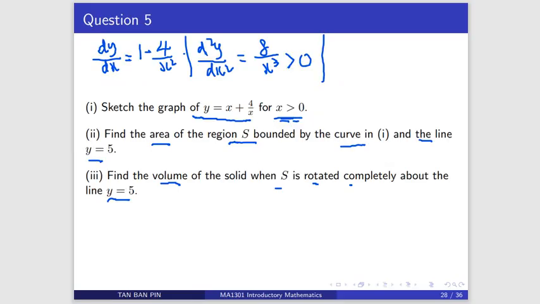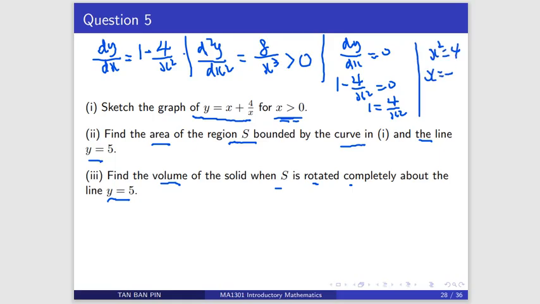Next, we will set dy dx to 0. If dy dx equals 0, it is the same as 1 minus 4 over x squared equals 0. So 1 equals 4 over x squared, which means x squared equals 4, and x equals plus or minus 2. But because you consider x positive, you write x equal to 2.